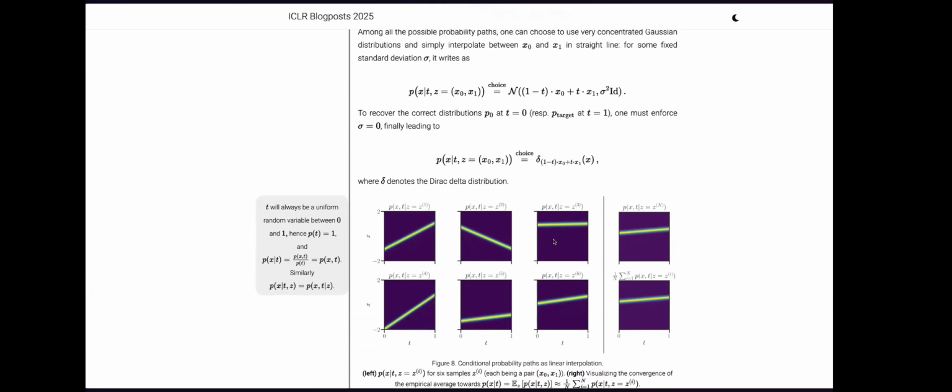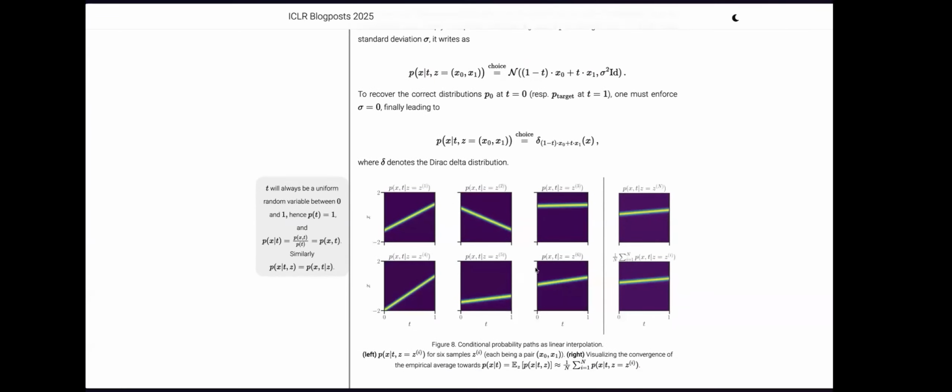So here are a bunch of different examples. We know that it depends on the draw of x0 and x1, so you can have different probability distributions depending on what you draw. But let's see what happens if we take this probability and marginalize over different draws.